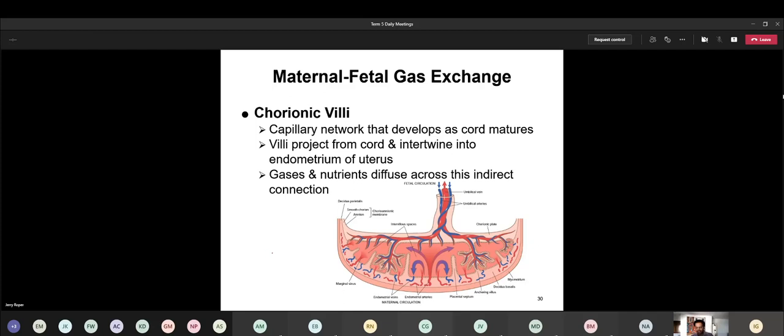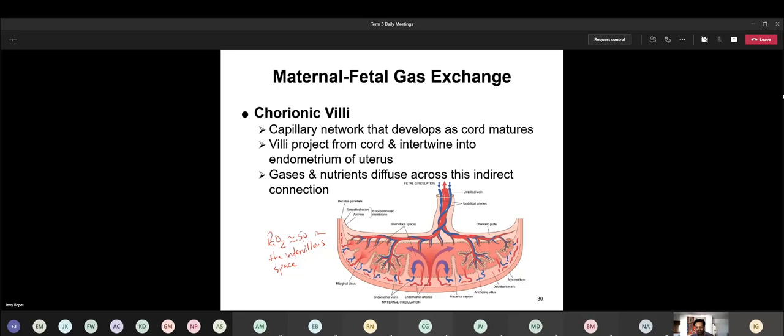And so for that, we're going to say the PaO2 is about 50 in these intervillous spaces. And then the baby's O2 is about 20, 19, 20. Some authors say around 17, but again, it's all approximation.